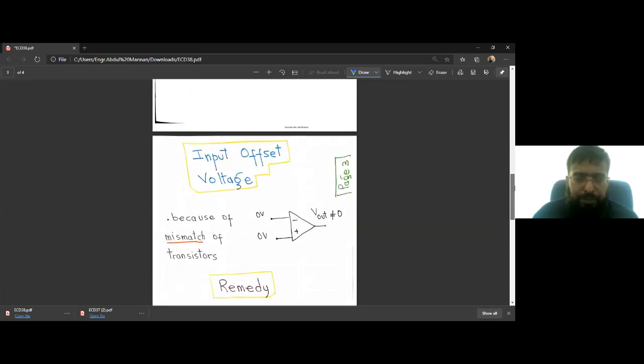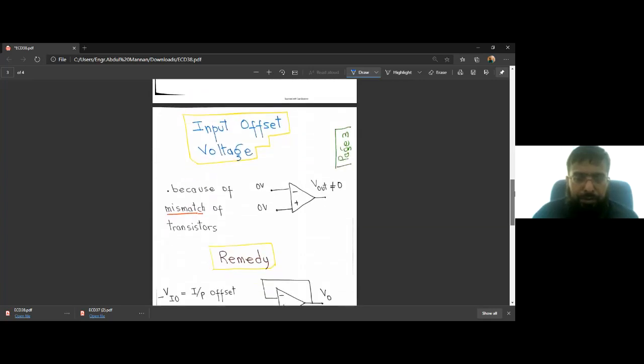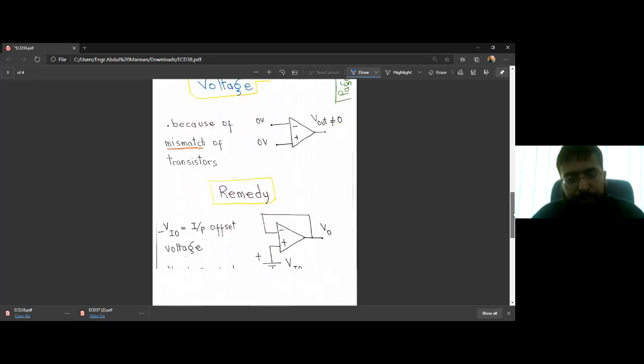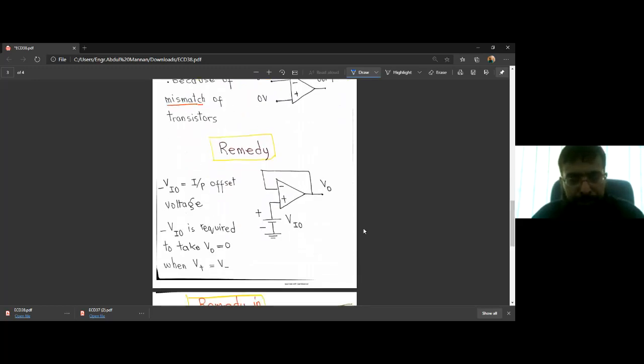In order to make the output voltage equal to 0 when the inputs are 0: due to mismatch of transistors, if we apply 0 volts on both inputs, the output is not 0. This is due to mismatch of transistors. So the remedy for this is applying an input offset voltage. Input offset voltage is applied by the user. We apply it externally, a voltage source, and we call it VIO.